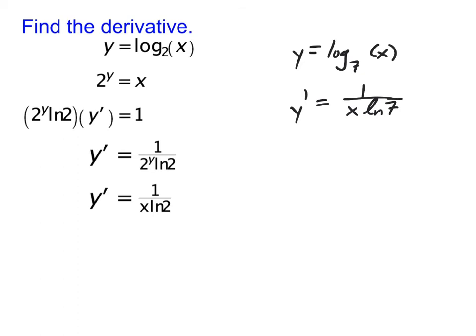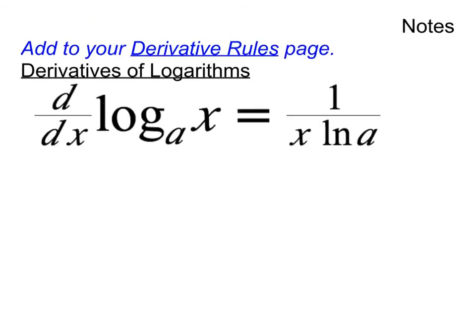Okay, well then, what if I just gave you y equals log x? Yeah, good. I'm hearing lots of people say ln 10. Because yes, it's going to be the natural log of 10 in that case. Because remember, log just means log base 10. That sounds like a good thing to be able to put in as a rule, right? So on your derivative rules page, we can add how to find the derivative of a logarithm.